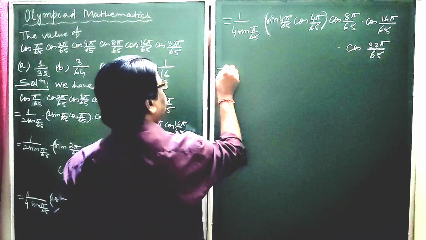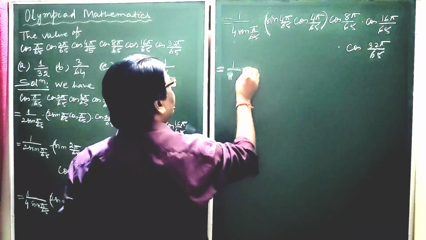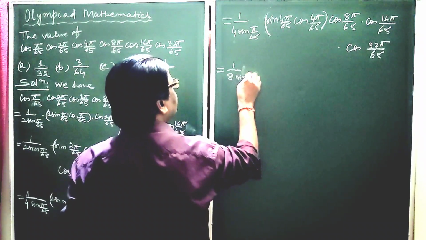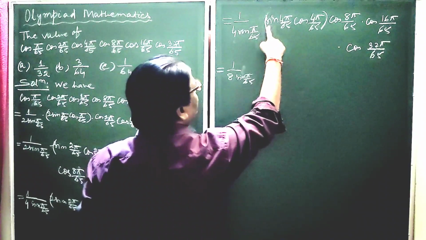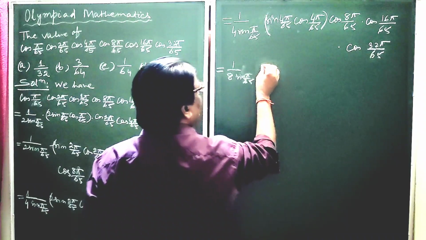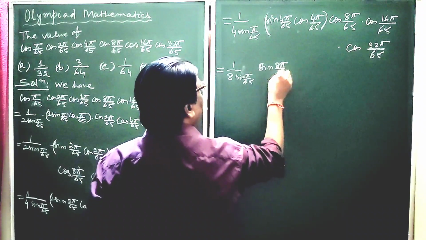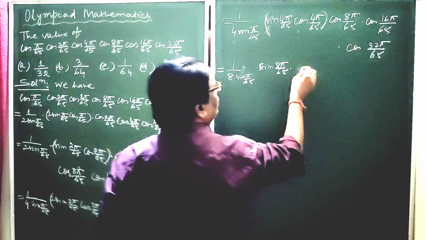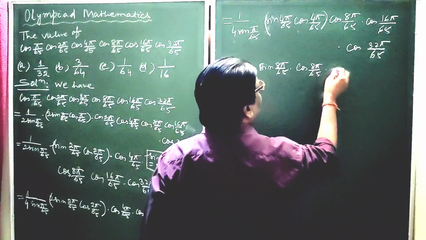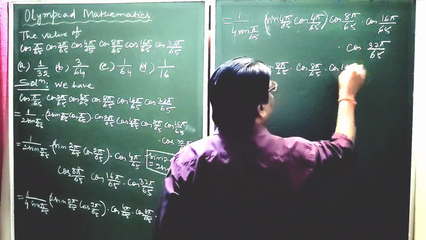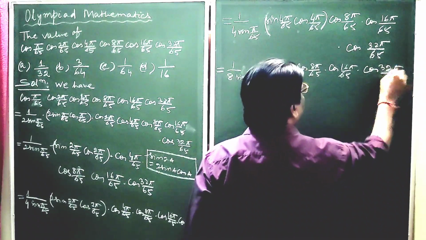Again multiplying 2 and dividing by 2, it becomes 1 by 8 sin pi by 65, and 2 sin 4 pi by 65 cos 4 pi by 65 is sin 8 pi by 65. So here cos 8 pi by 65 into cos 16 pi by 65 into cos 32 pi by 65.